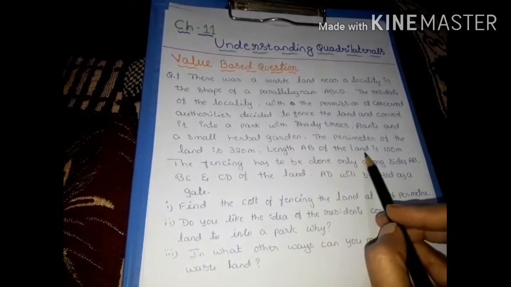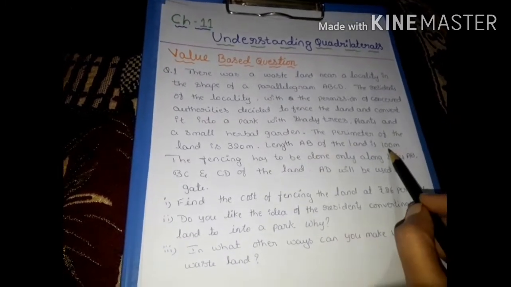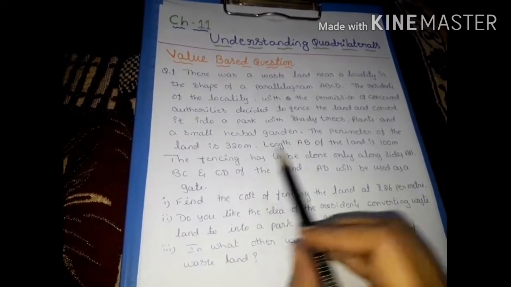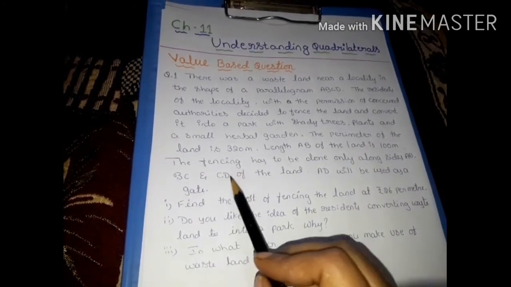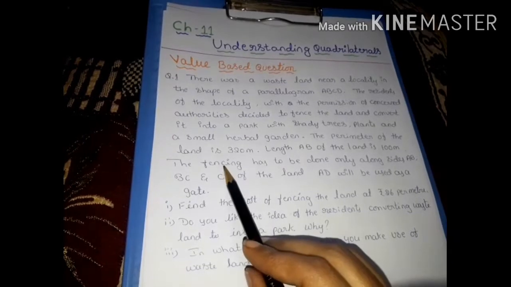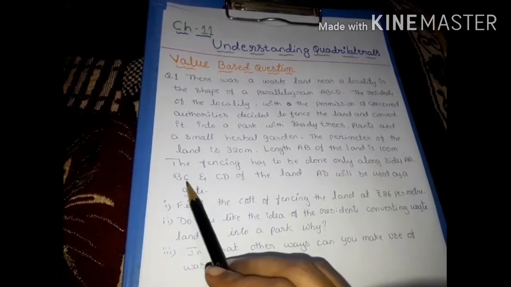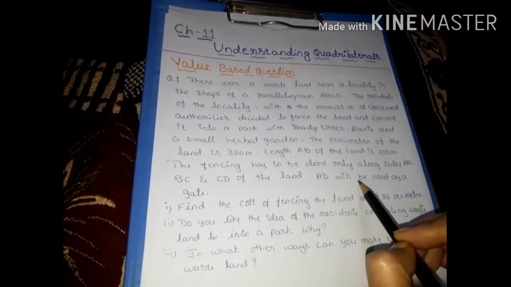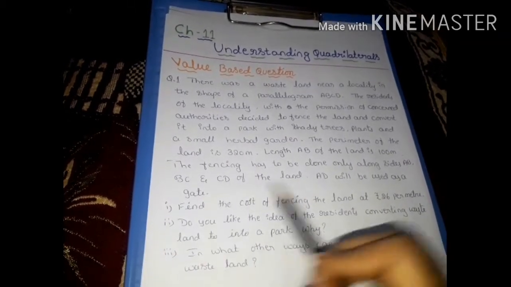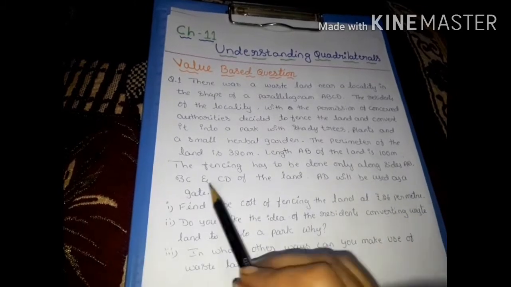Length AB of the land, one side length given 100 meter. The fencing has to be done only along sides AB, BC and side CD. Nothing but fencing has to be done only for three sides, that is AB, BC and CD of the land. AD side will be used as gate.